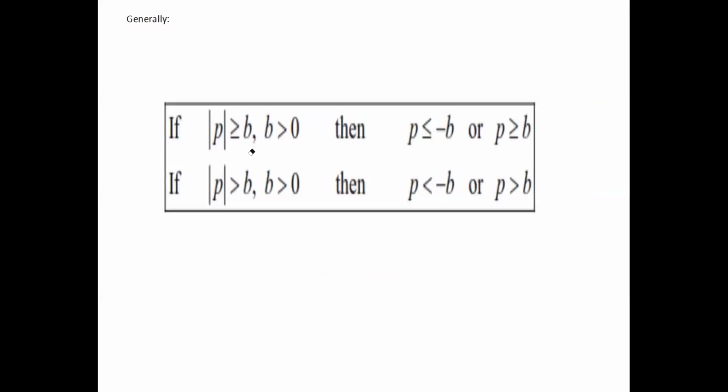We can say that, look, if the modulus of P is greater than or equal to B, then P is either less than or equal to minus B, or P is greater than or equal to B, right? And don't think of these as two things to memorize. This statement has an equal sign, this one doesn't. So you don't have to memorize two things.